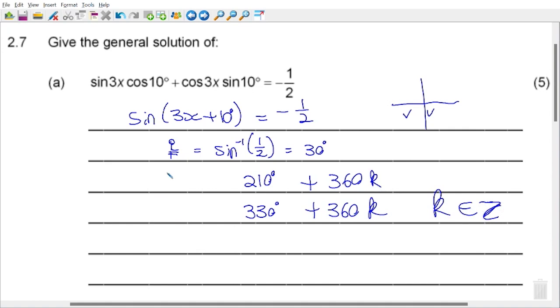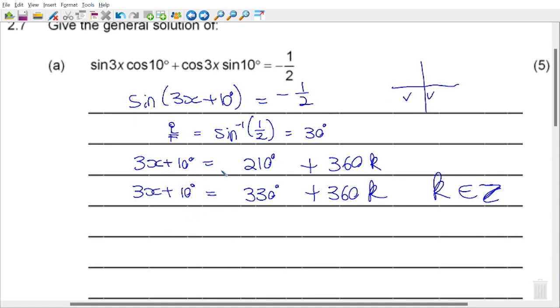Now, the last thing is that the angle wasn't actually x, it was 3x plus 10. So now I'm going to write those down, and I'm going to solve each of these generating general solutions for x. So I'm going to subtract 10 from both sides, and then divide through by 3. So the top one actually becomes 200 over 3 plus 120k.